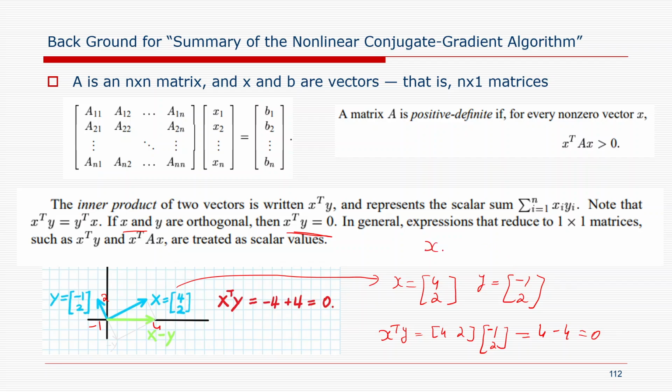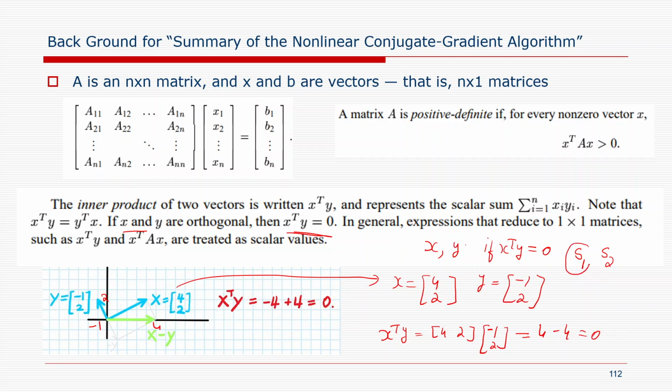Two vectors x and y are orthogonal to each other if x transpose y is equal to 0. In the conjugate gradient, if we are searching in the direction S1, the next search direction will become S2, such that S1 and S2 are orthogonal, or conjugate, to each other.